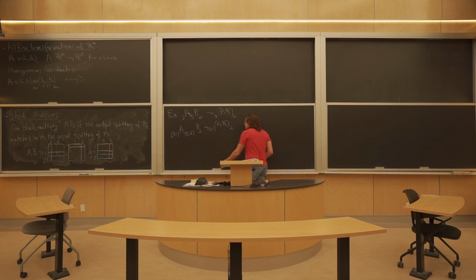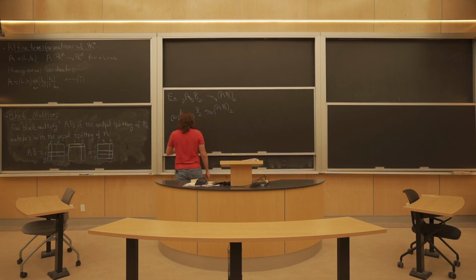So let's write this down explicitly. I'm going to start here. A is 3 by 5. So let's draw it like this: 1, 2, 3, 4, 5. This is A. And then B is 5 by 2: 1, 2, 3, 4, 5.